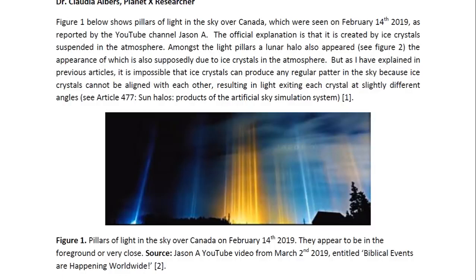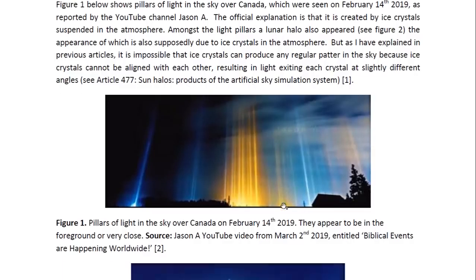But as I have explained in previous articles, it is impossible that ice crystals can produce any regular pattern in the sky because ice crystals cannot be aligned with each other, resulting in light exiting each crystal at slightly different angles. And you may look at article 477 entitled Sun Halos, Products of the Artificial Sky Simulation System.